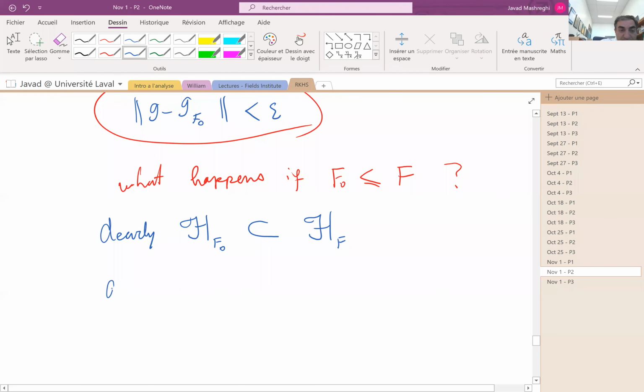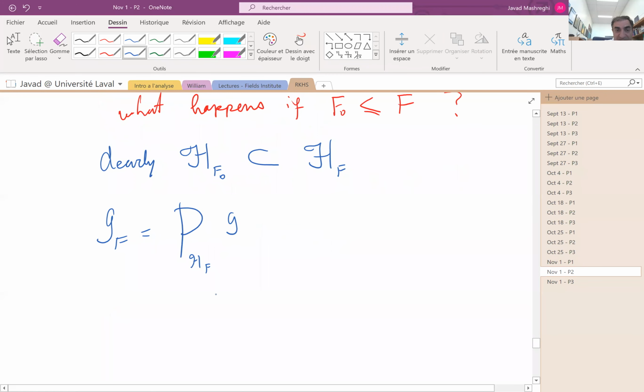I mean, g_F is the projection on H_F of g. Assume that F is equal to x1 up to xn, and these are the elements of F0, plus a little bit more, say y1 up to ym.